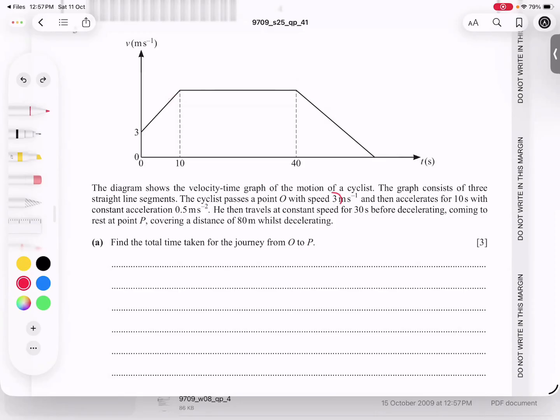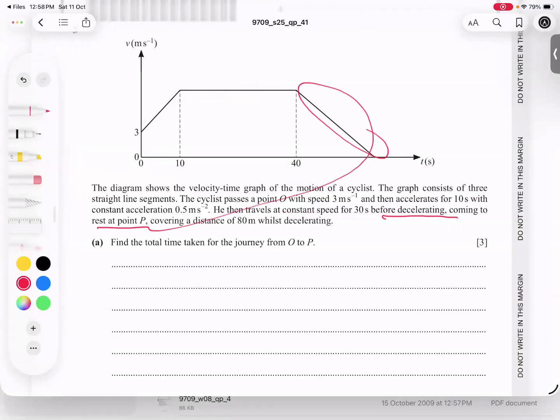The speed starts at 3, accelerating for 10 seconds with an acceleration of 0.5. Then it travels at that same speed for 30 seconds. Clear? And lastly, deceleration and it comes to rest.